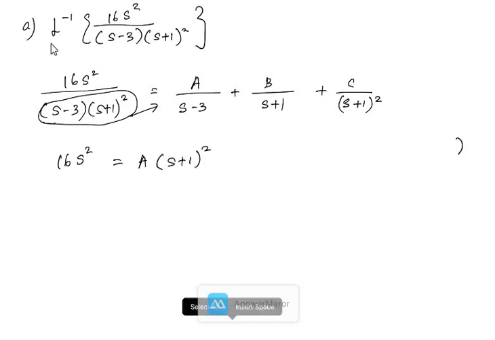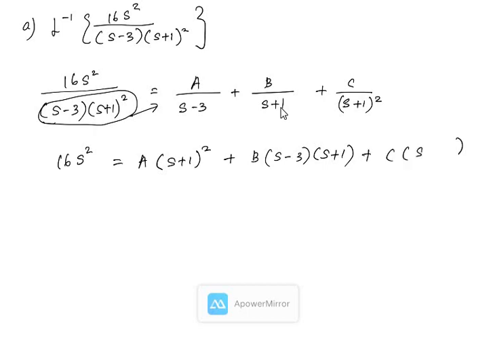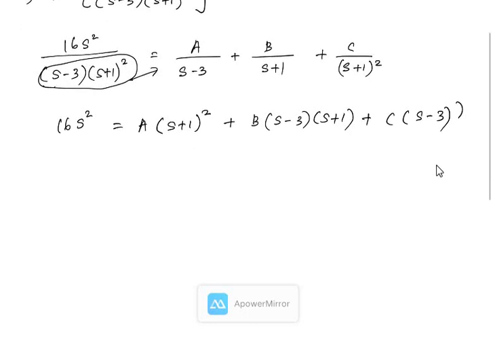We can cancel out the s minus 3, so we left (s plus 1) squared, plus B(s minus 3)(s plus 1) only, because we can cancel out the other s plus 1, plus C(s minus 3), because we can cancel out the (s plus 1) squared. Then from here we can assume s is equal to 3 or s equal to minus 1.